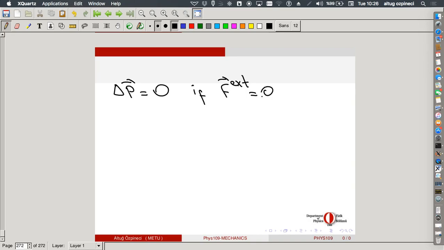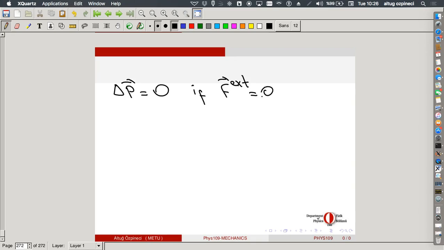The product of a huge number with a very small number will give you a normal number to cancel the momentum gain of the rock. So they will be exactly equal in opposite directions, the momentum gain of the Earth and the momentum gain of the rock, and they will cancel each other.